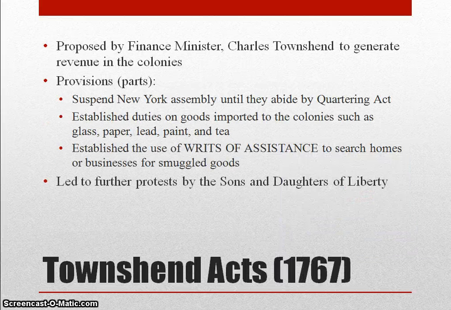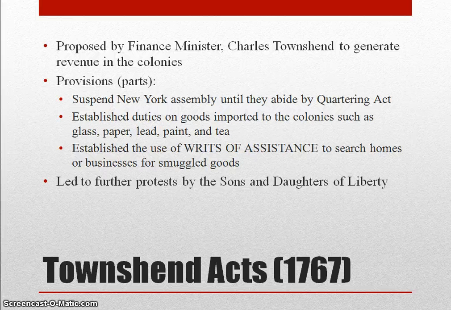The Townshend Acts are in 1767, and they're proposed by the finance minister, Charles Townshend, to, again, generate revenue in the colonies. The provisions within the Townshend Acts include suspending the New York Assembly until they abide by the Quartering Act, establishing duties on goods imported to the colonies, such as glass, paper, lead, paint, tea.